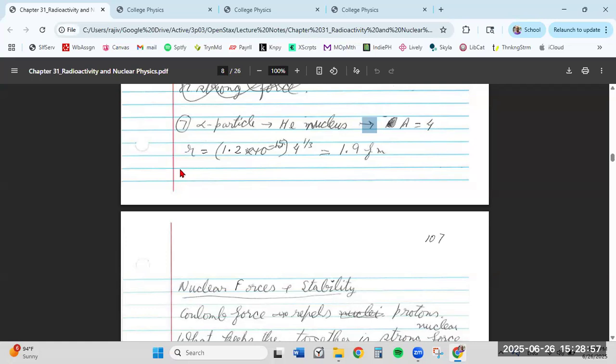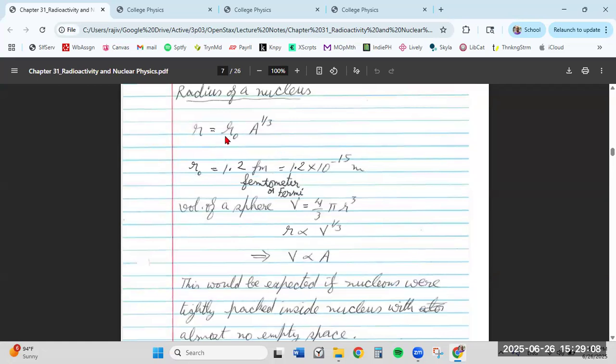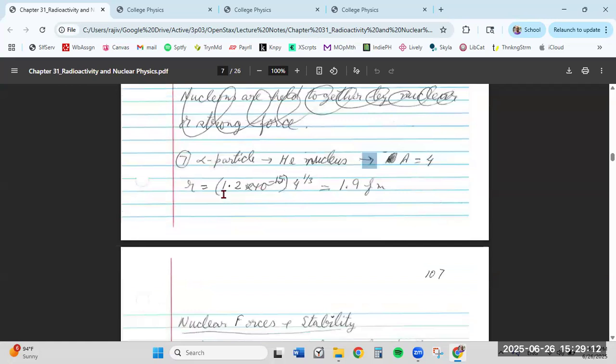That means the radius of the helium nucleus would be, using the equation R naught times the cube root of A, 1.2 Fermis times the cube root of 4. So it comes out to 1.9 Fermis.